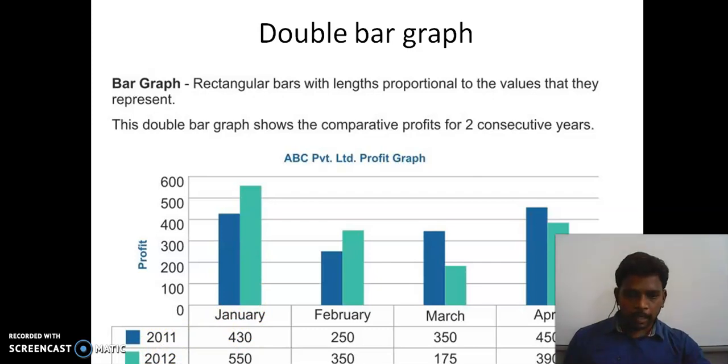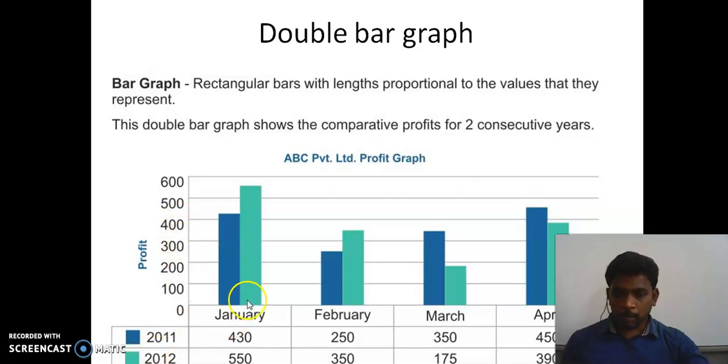And here the x-axis represents the particular month in the particular year, and the y-axis is related to profit, right? So in January 2011, it is nearly 400, that is between 400 and 500.